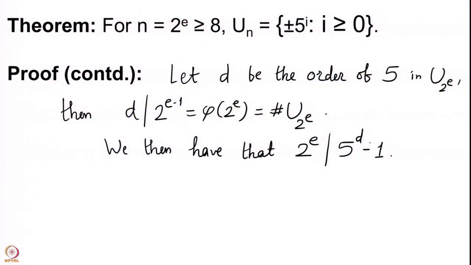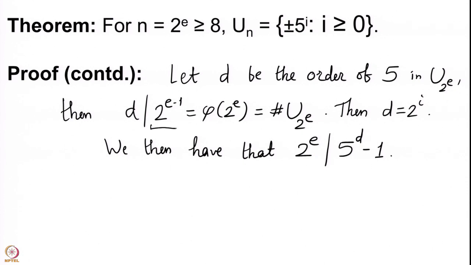Now, we have already deduced something about powers of 2 being divisors of powers of 5 by a power of 2 minus 1. So, when you have 2 power e dividing 5 power d minus 1, we of course observe that this d has to be a power of 2.